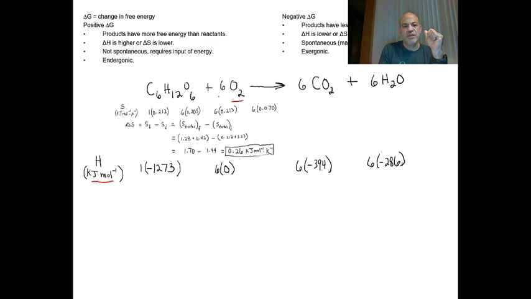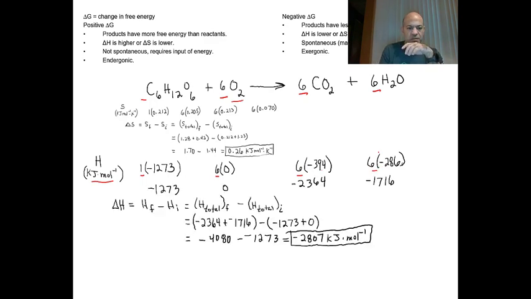Now, remember, it's per mole, so we have to take into account how many moles there are, okay? And so it's 1 for glucose, so we put a 1 there, 6 for oxygen, 6 for carbon dioxide, and 6 for water. So when I go through all those calculations, I get these values in this row here, and then we're going to talk about, well, what is the change in enthalpy?